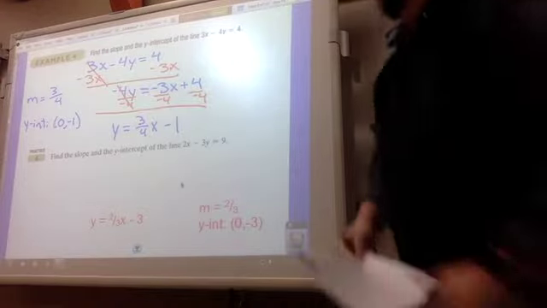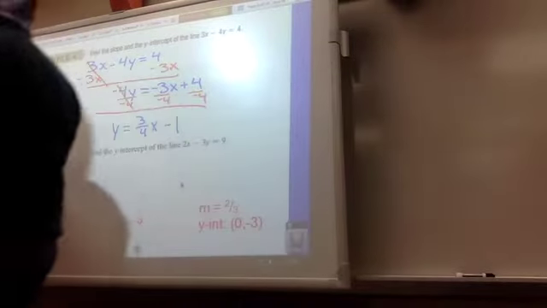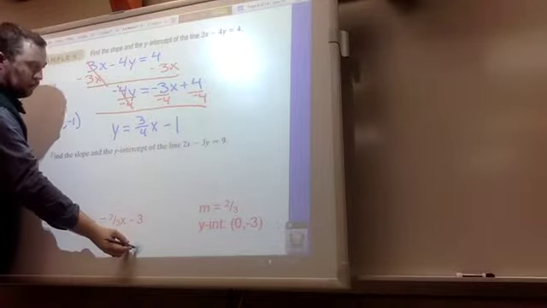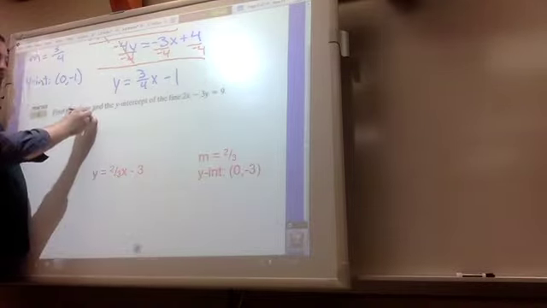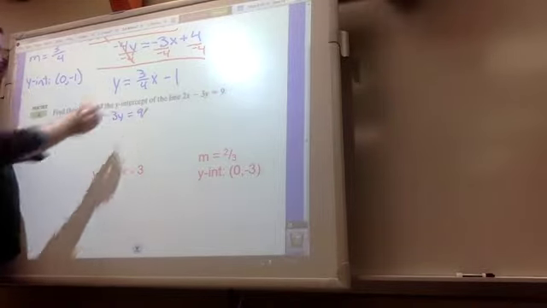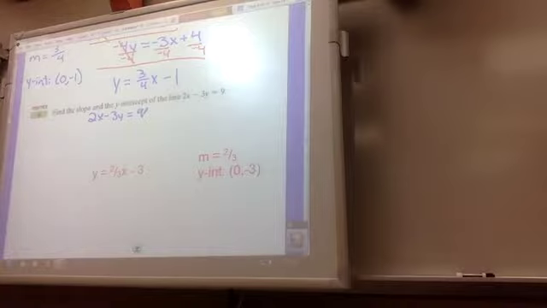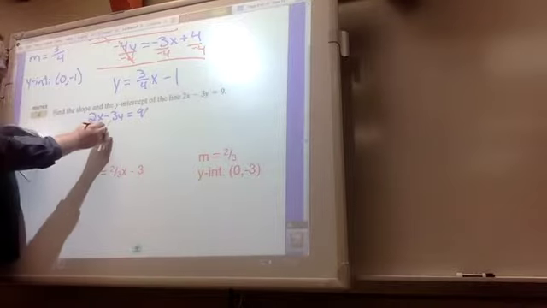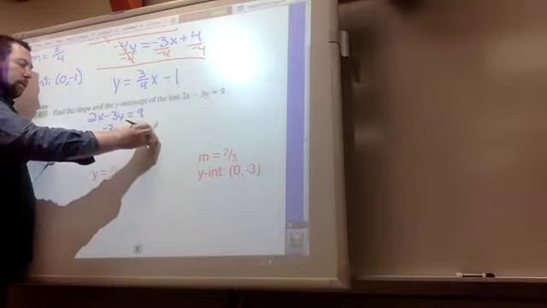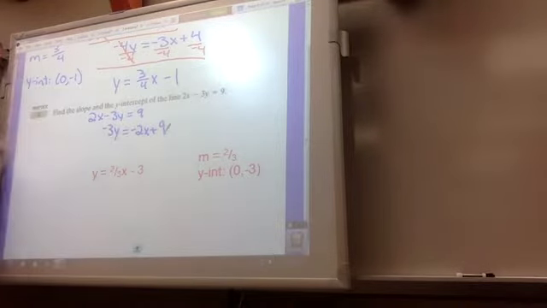All right, so when we solve this one out, I have the 2x minus 3y is equal to 9. We're good so far. That's just rewriting it. Subtracted the 2x over. That gave me a -3y is equal to -2x plus the 9.